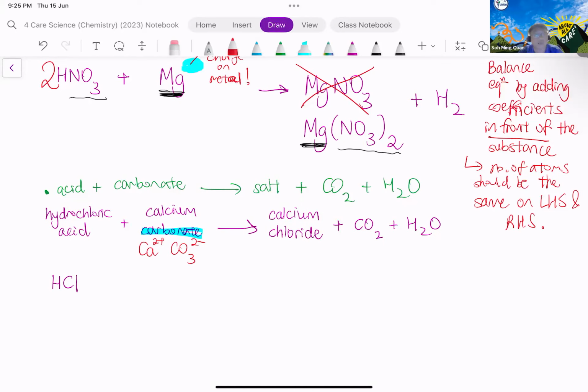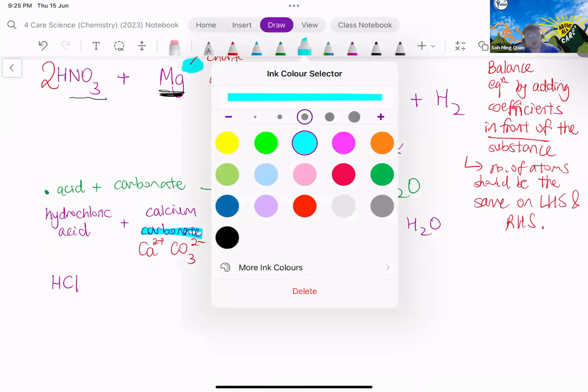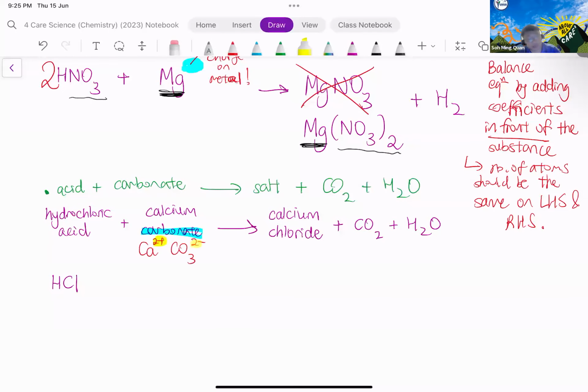Carbonate is 2- because you have memorized the polyatomic ions, including carbonate. So now that you know, oh, so it's 2+ and 2-. Therefore, the formula is really CaCO3. Okay, just one of each because the plus and the minus already cancel each other out.